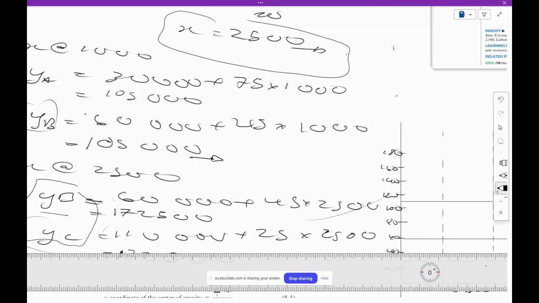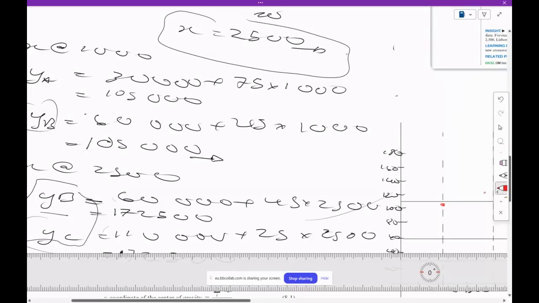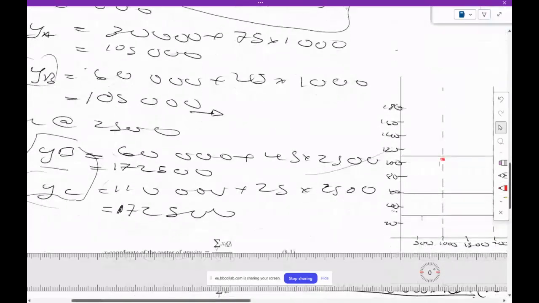For 1,000 units, this is 105 here. Let's use a different color, red. It's coming from 30 to there. You see that? It's coming from 30 to there.